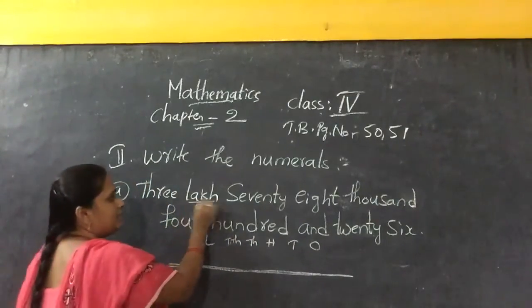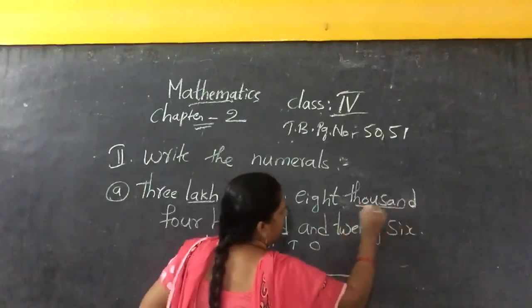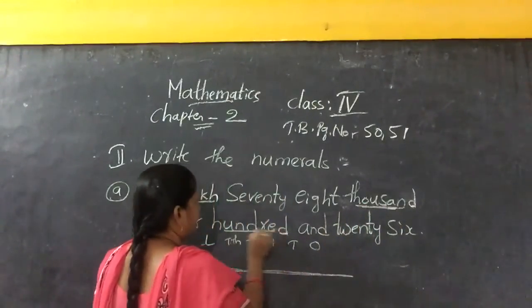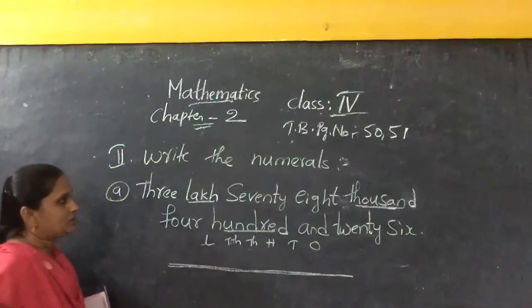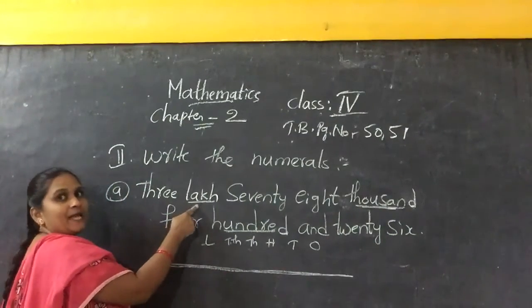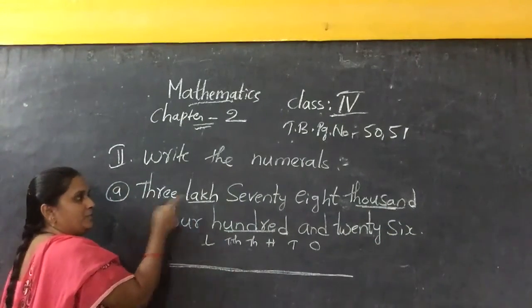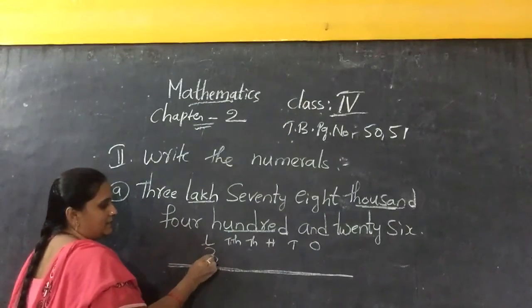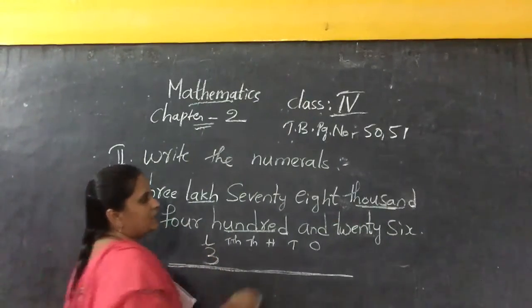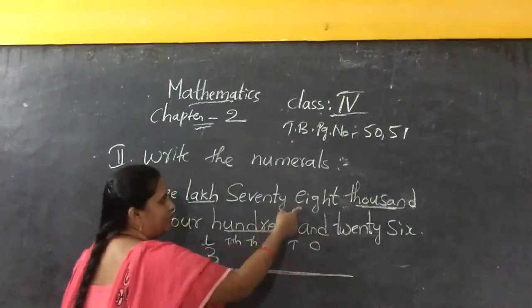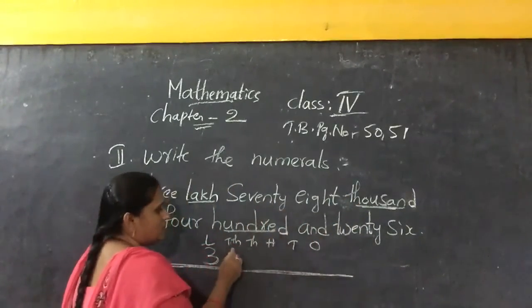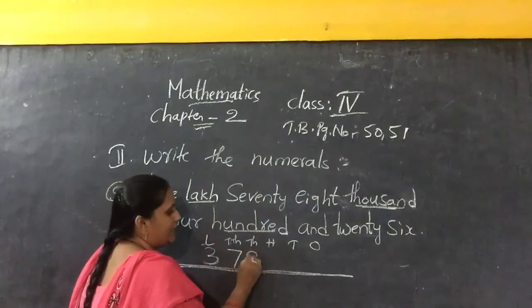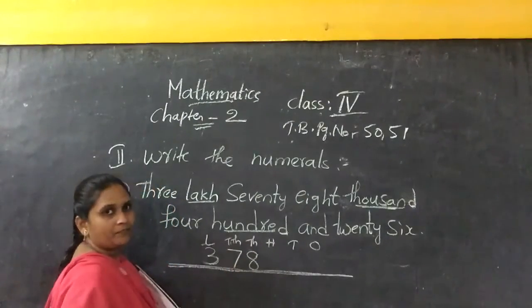Now underline the place value words. Then insert the numbers from the lakhs place value. Before lakhs, 3 is there, so write 3 in the lakhs place. Before the word thousand, 78 is there, so write 78 in the thousands place.